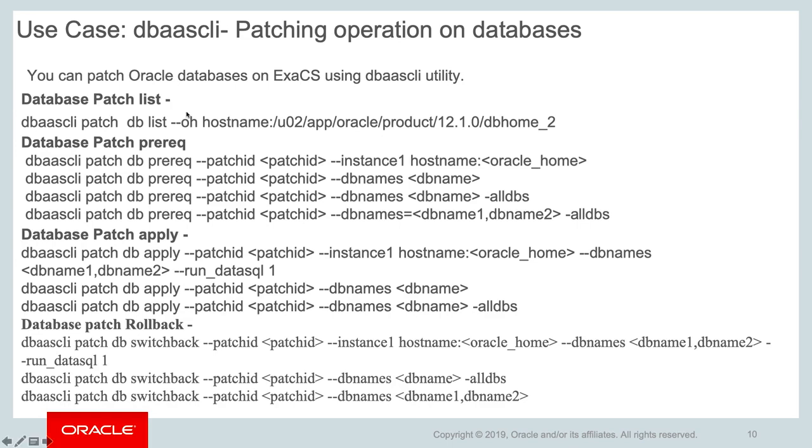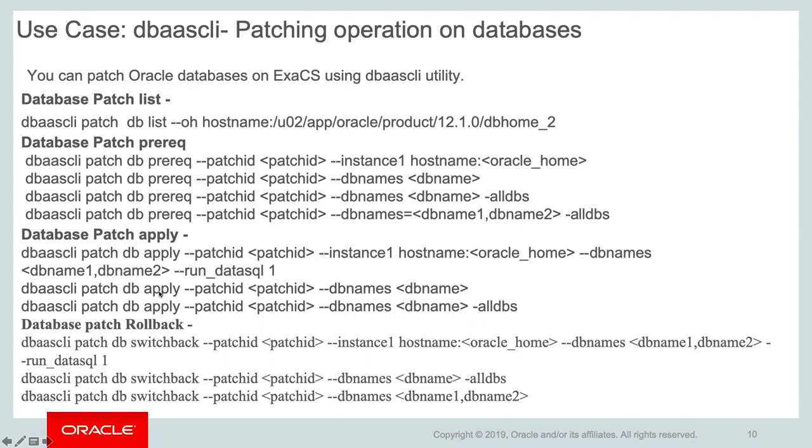Using this CLI utility, you can list the database patches. You can provide an argument for which host name or database home you want to list the patches. You can do a patch prerequisites check, and again, several combinations are possible. You can do it with database names, or you can go with instances. When it comes to applying a patch, Diva CLI supports that as well, and you can specify from which particular node the datapatch SQL is going to run.